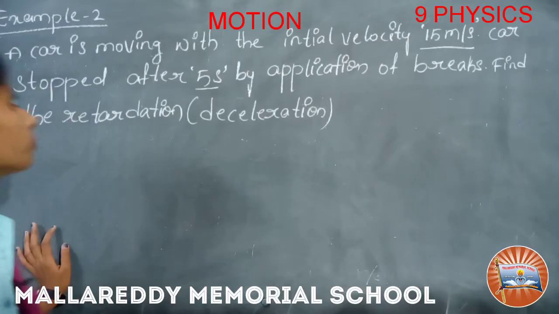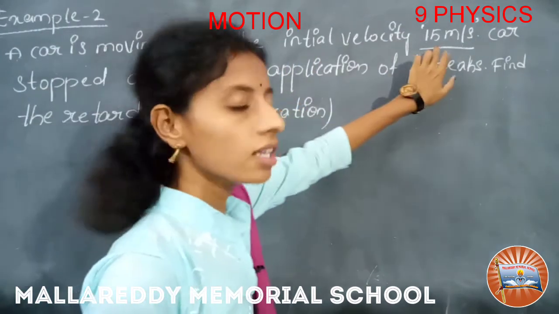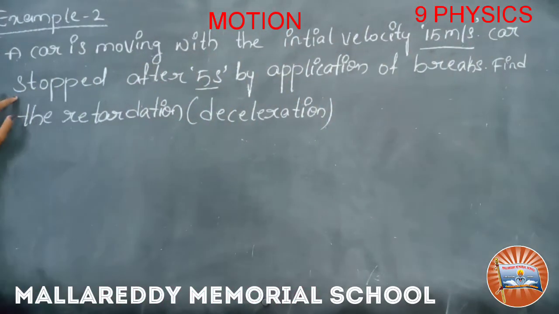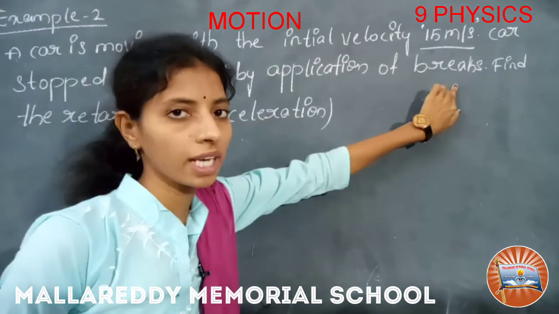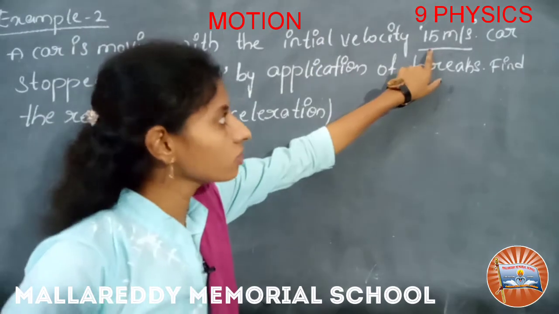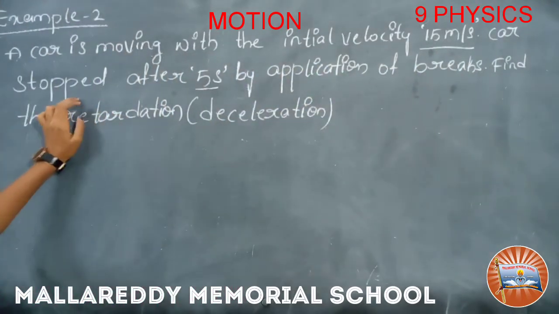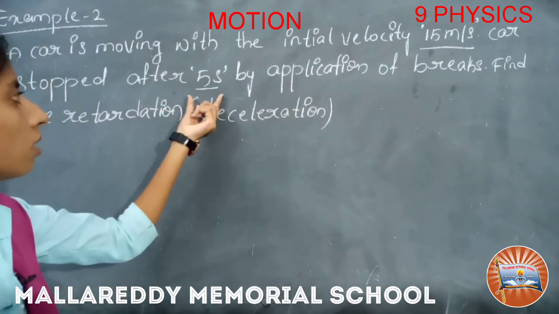Next problem is, a car is moving with the initial velocity 15 meter per second and the car stopped after 5 seconds by applying of brakes. Here the initial velocity of the car is given 15 meter per second and after 5 seconds the car stopped by application of brakes, right?